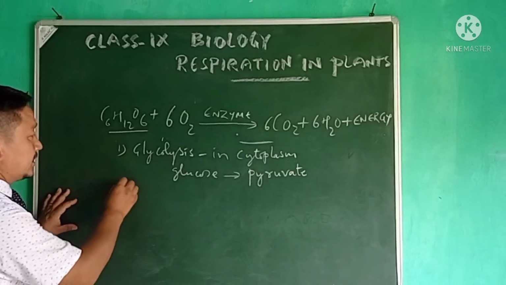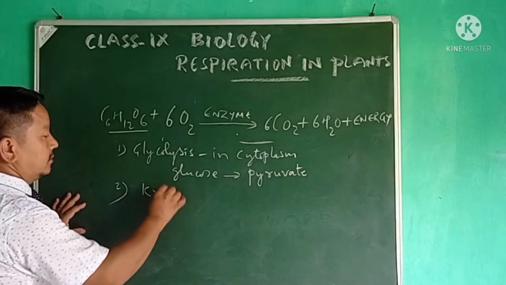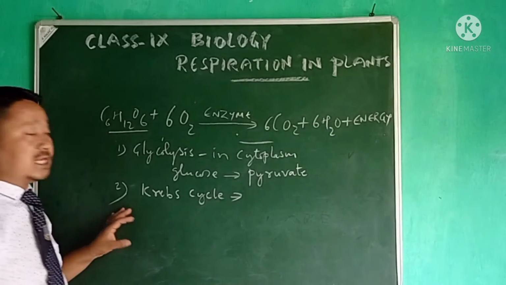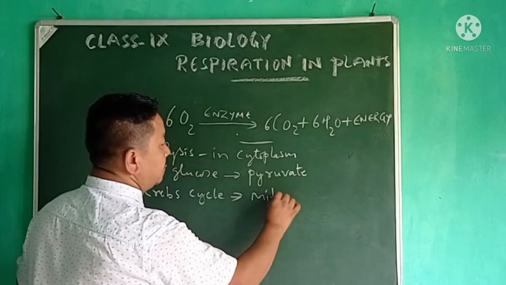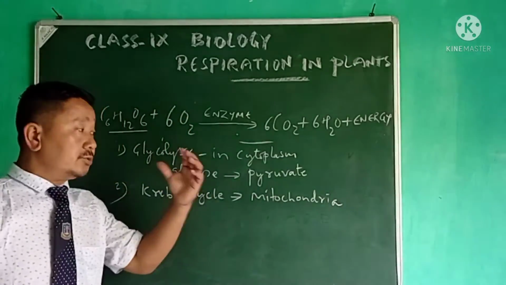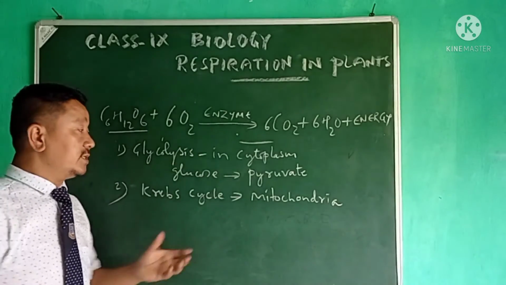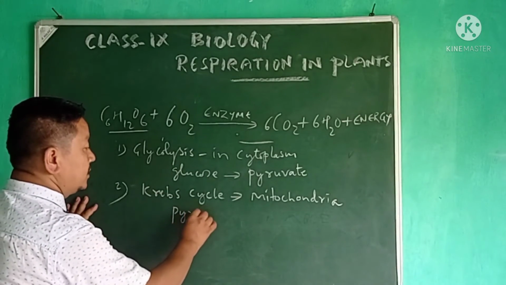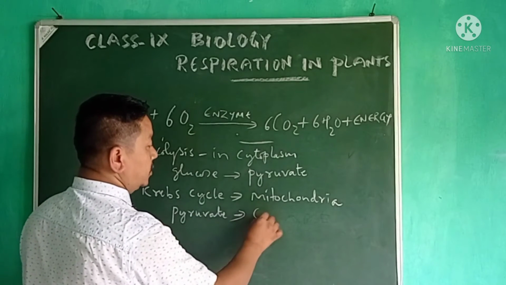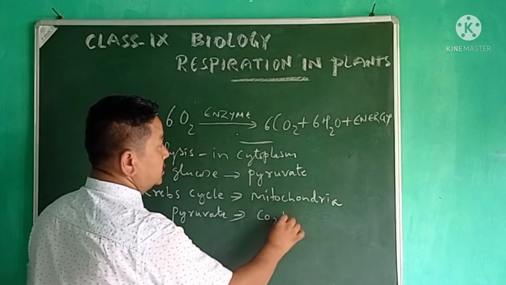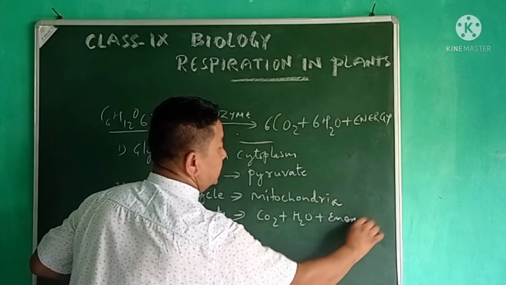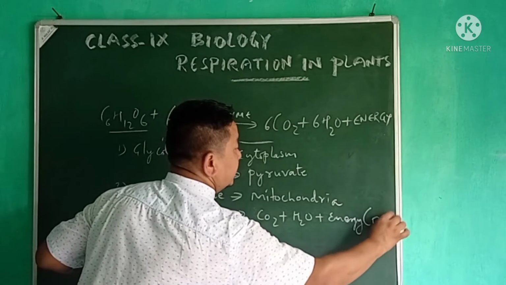Then the second step is your Krebs cycle. This Krebs cycle takes place in mitochondria. In this step, this pyruvate will be converted into carbon dioxide, water and energy. Energy means here ATP.